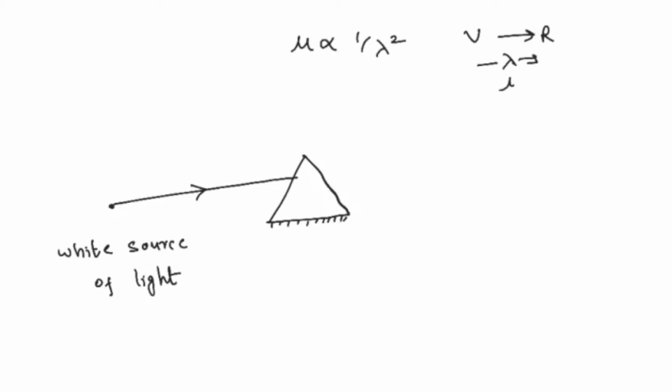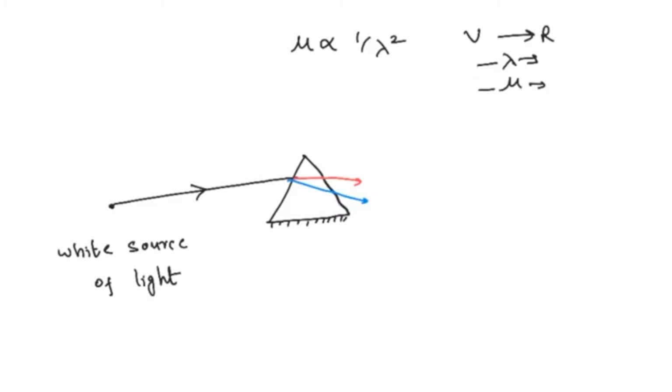That means mu is decreasing, and the less the mu, the less the bending. So red will bend the least and the blue end will bend the most. And you will get all these colors out, which you can measure with the help of a spectrometer, and hence we can determine its refractive index.